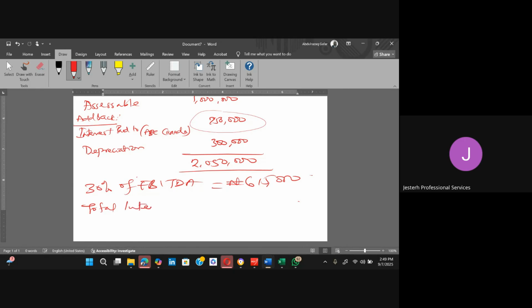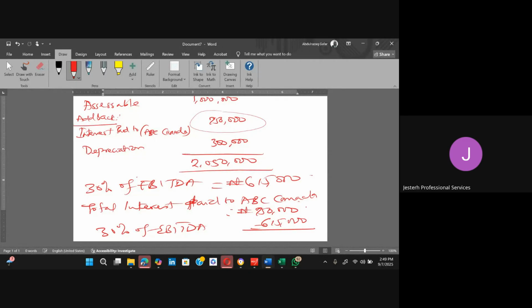Then what's the total interest deducted? Total interest paid to ABC Canada. How much was that? 750,000, right? Then we are now saying that 30% of EBITDA. So we are saying whichever is lower is what we are going to pick, which is 615,000.